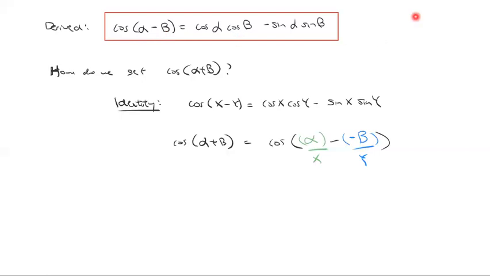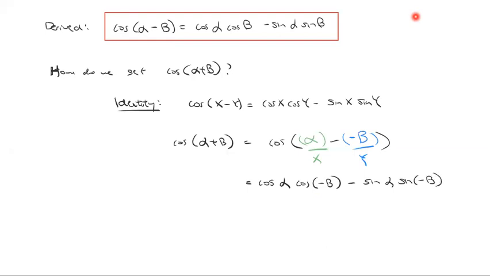Given that, can we expand this? Given this, we can now expand this, can't we? So it's just cosine alpha cosine beta plus sine alpha sine negative beta.